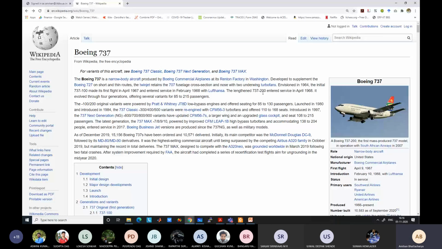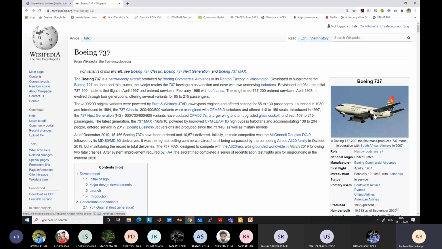During the 1960s, passenger aircraft of that time were developed with turbojet engines. So Boeing and Airbus had different philosophies. The philosophy of Boeing was that because of stability and other reasons at that time, they had the wing very low.